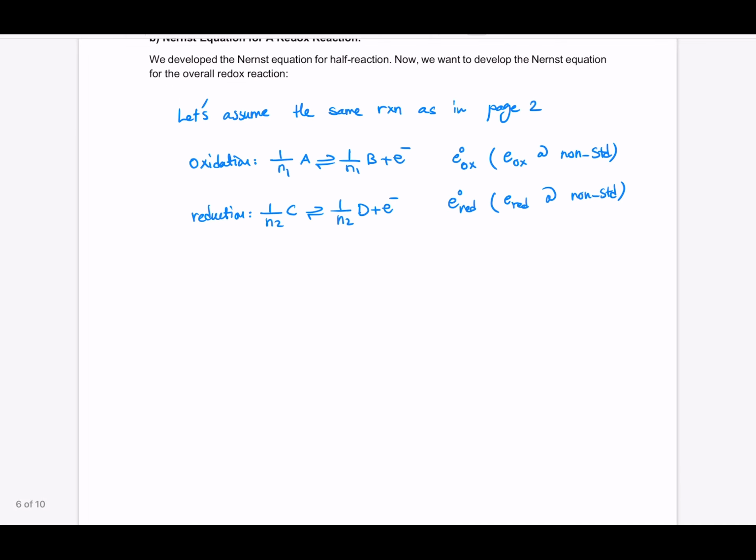But now we are interested to look at the overall reaction. The overall reaction would be 1 over N1A. Again, it's the same as what we had in page 2.